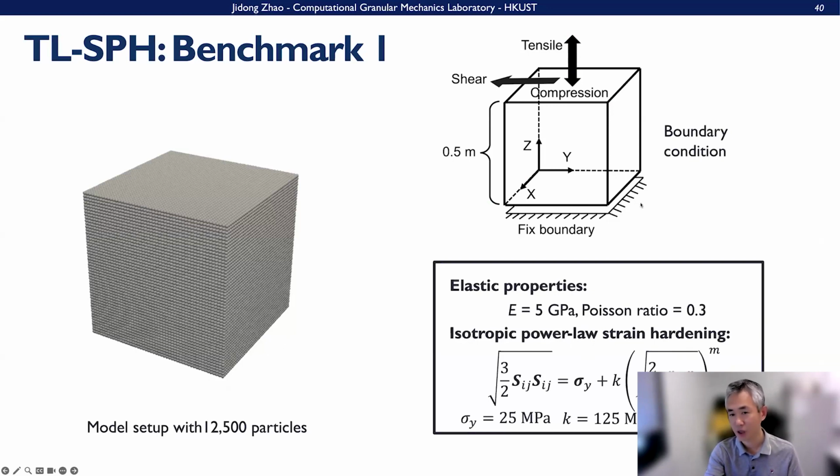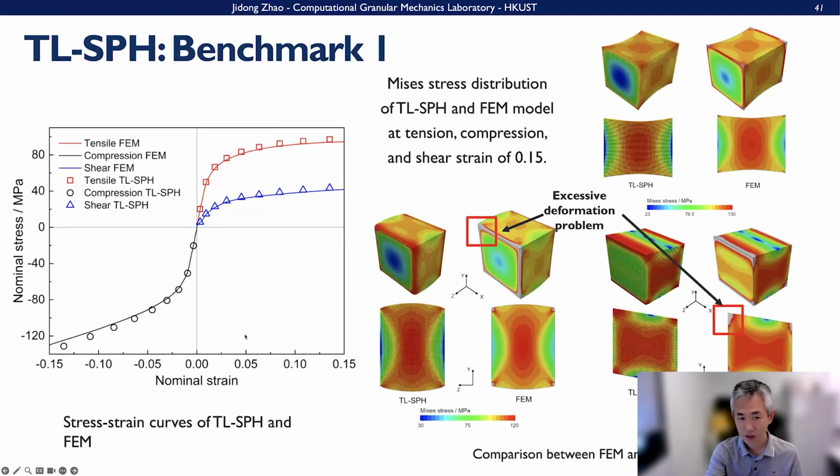We can apply different boundary conditions, like fixing the bottom and applying compression, tension, or shear on the top. This is one benchmark for compression and extension and the resulting structural relationship.